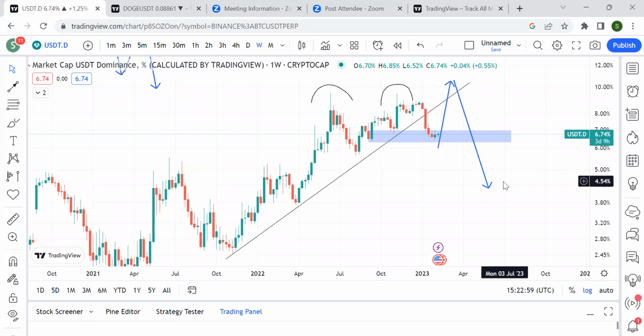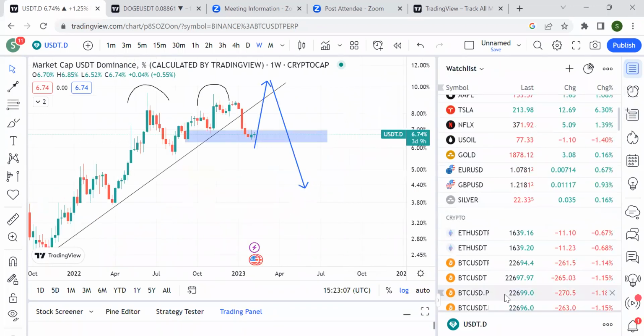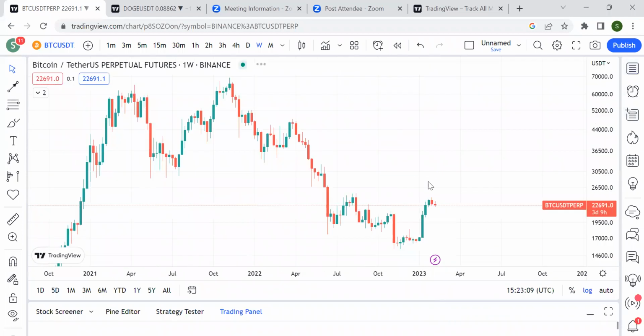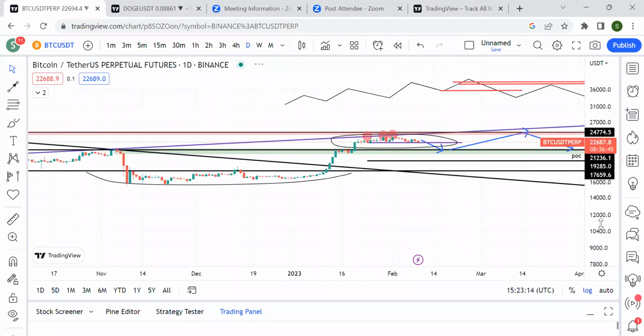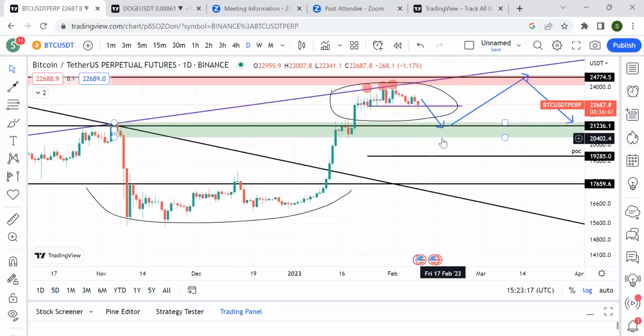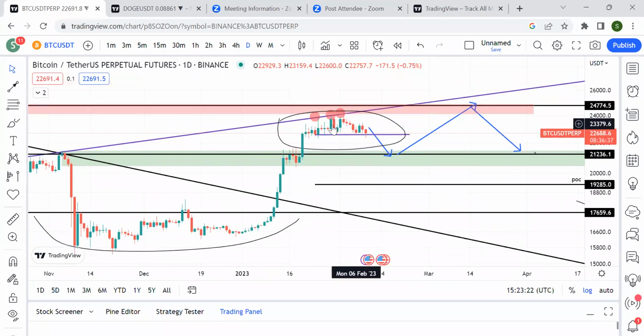So according to our plan and our idea, there are two or three major things, like USDT dominance and DXY, supporting us. For Bitcoin, we need a dump. For that, DXY and USDT dominance are both in demand. So when everyone is selling here, money will flow into USDT and into dollars. So it will eventually come down towards these levels, and this level will be a gold level.